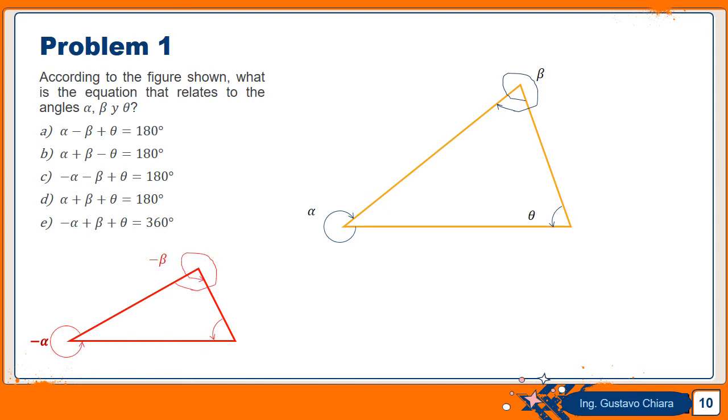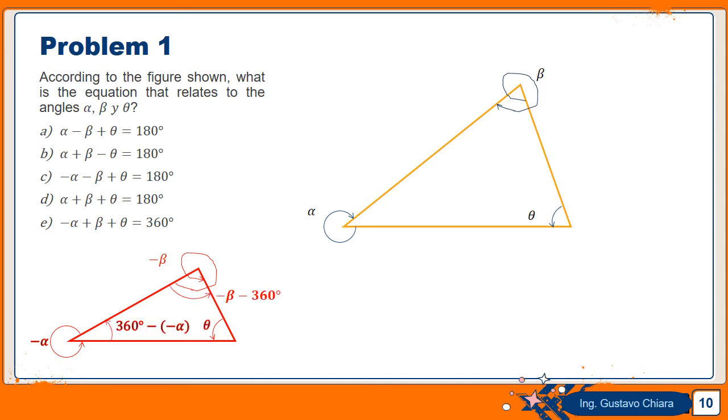In the first case the convention is different from the other, so all the angles need to follow the same convention in order to find the relationship between them.